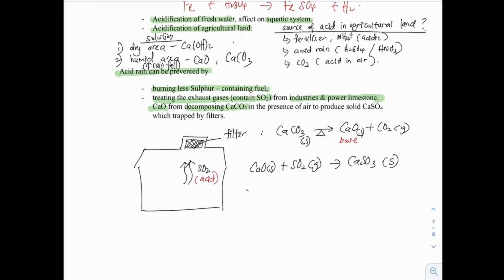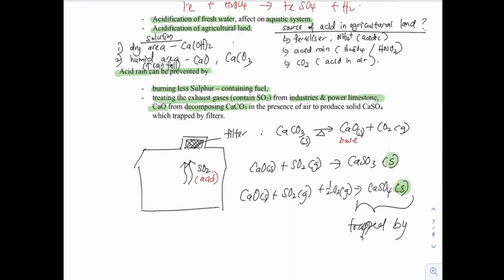Or alternatively, calcium oxide reacts with SO2 to form calcium sulfate solid. What is important about the solids is that they will be trapped by the filter so that they will not escape to the environment.